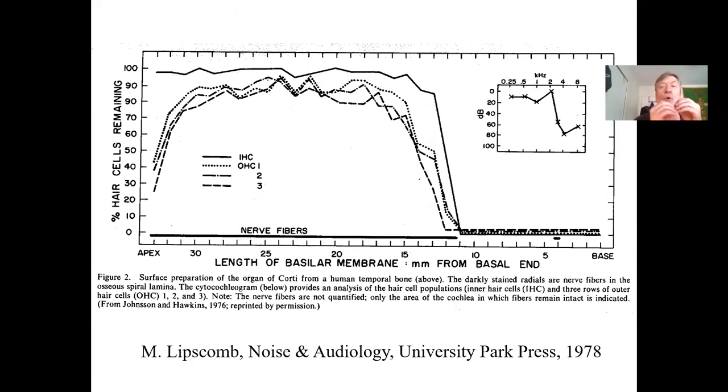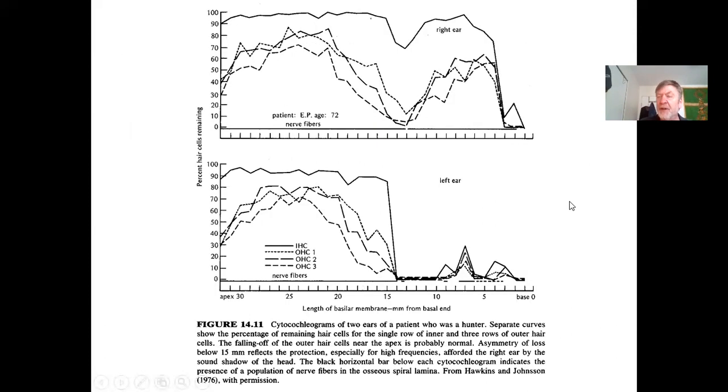So you've unrolled the cochlea to be 1 inch long, and you're looking at the apex on the left and the base on the right. And look at that, you have a row of inner hair cells, and then you have your rows of outer hair cells. Look where the damage is. Okay, in the high frequency region.